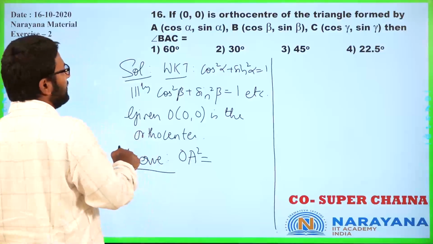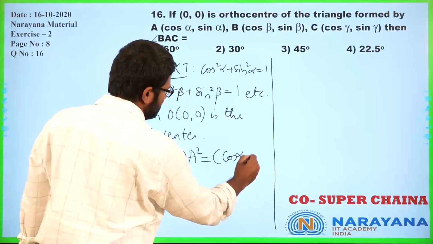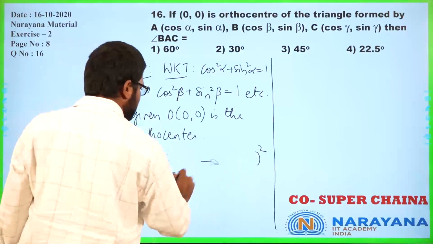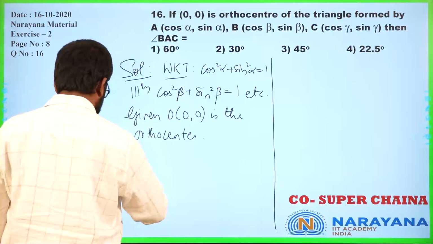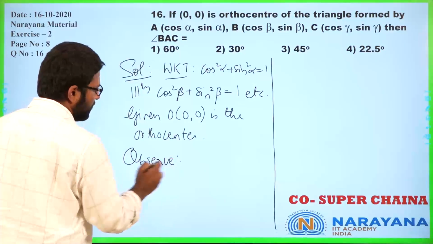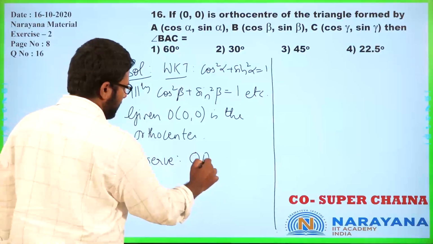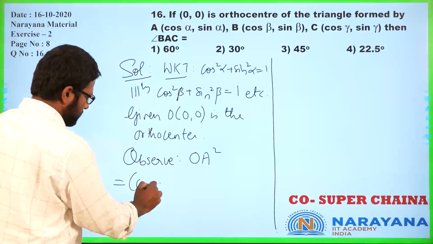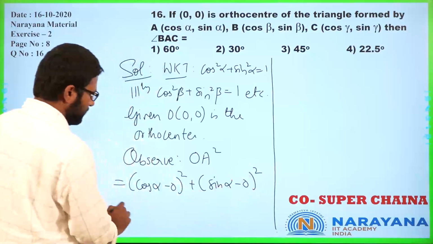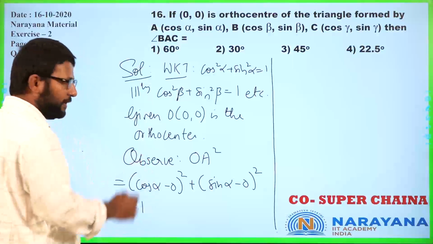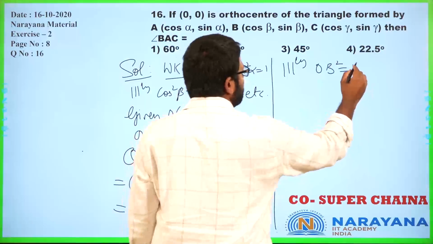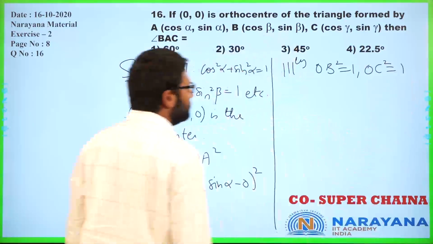It is cos alpha minus 0 the whole square plus sin alpha minus 0 the whole square, which is cos square alpha plus sin square alpha, which is 1. Similarly, OB square is 1, OC square is also 1.